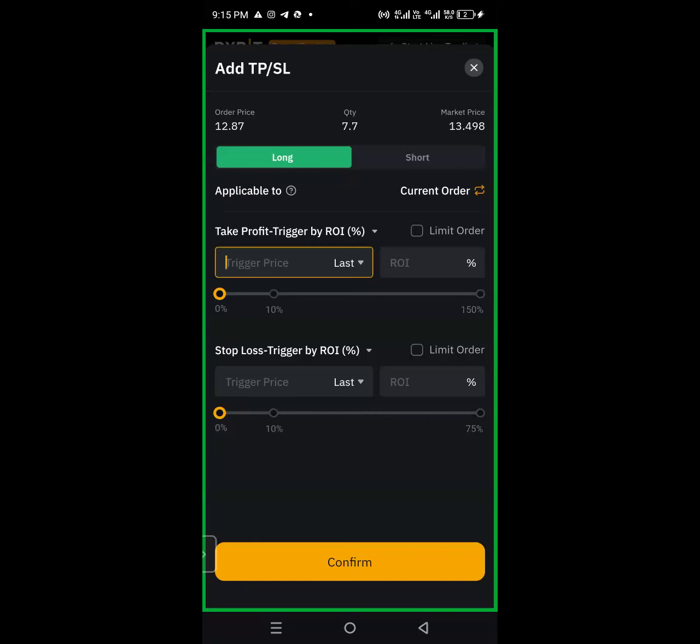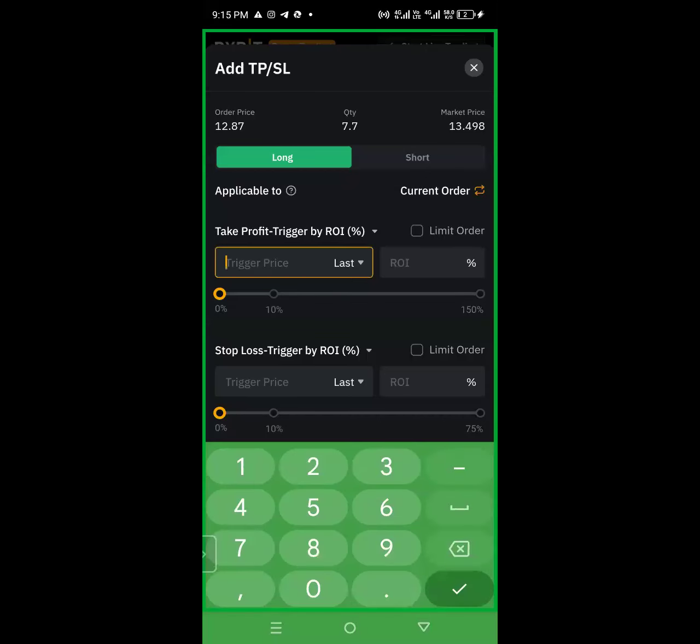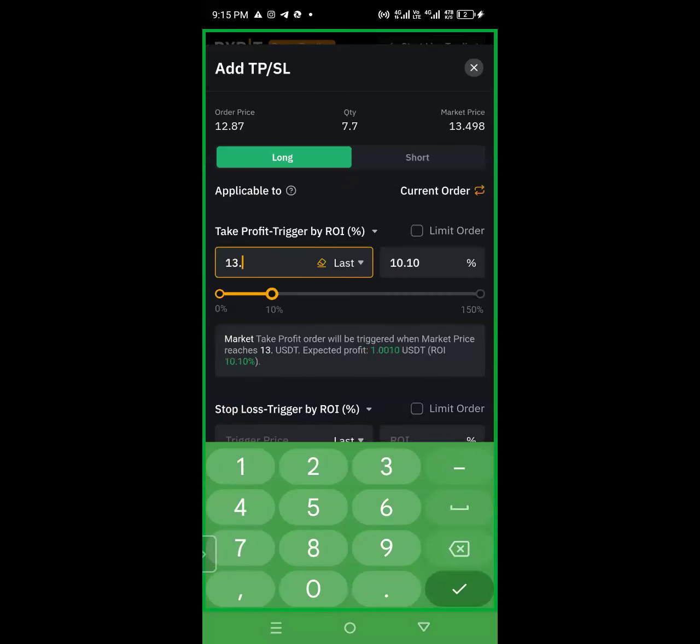The TP is 13.159, and then the stop loss is 12.151, right?